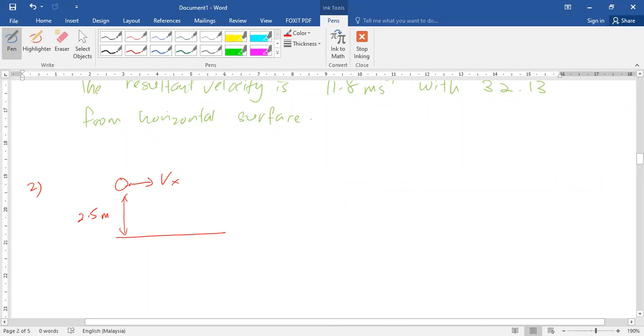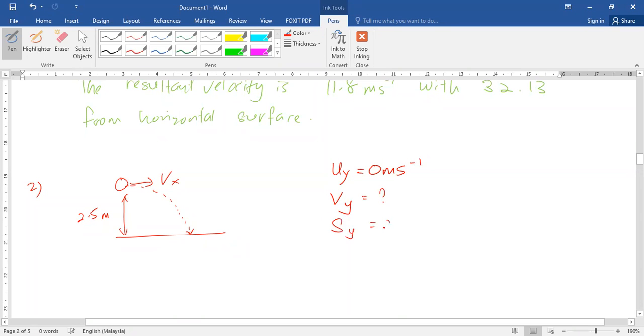So that means that the ball will move in this motion, right? This direction, right? Okay. So what is the time it will take to reach the ground? So as we know, uy is equal to 0 ms^-1, vy is maximum, right? Okay. Vy we don't know.